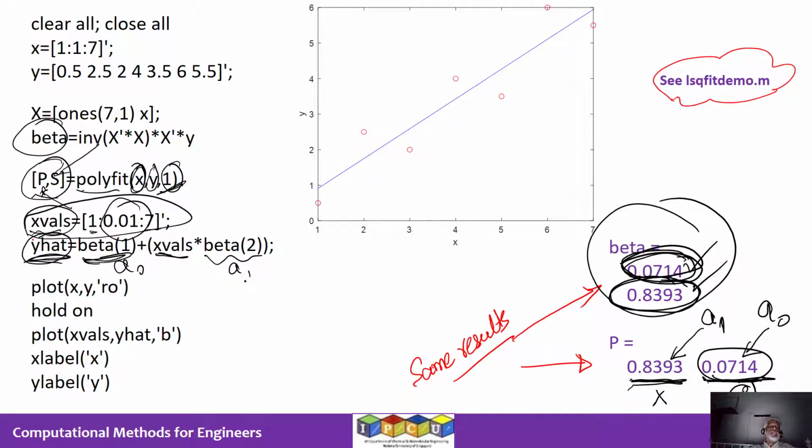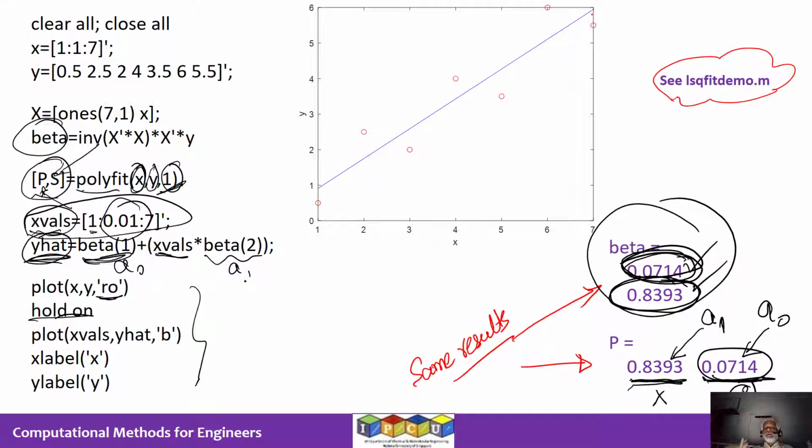to get my predicted values of y. When I calculate y hat and plot the experimental points as red circles, and on the same plot, using the hold on command, I plot the model predicted values for y for x values in the same range from 1 to 7, though on a finer scale, I get this blue line to be the best fit line. And as you can see, it passes through the cloud of points.